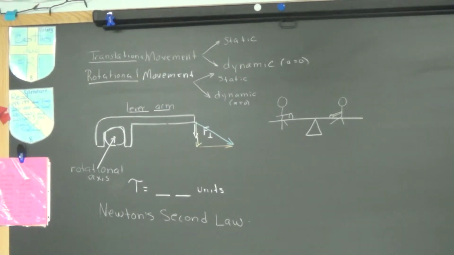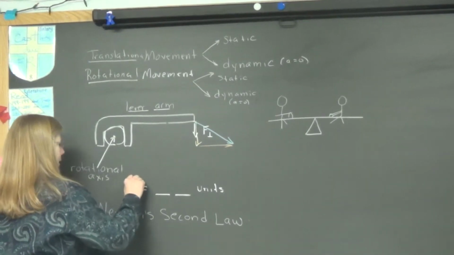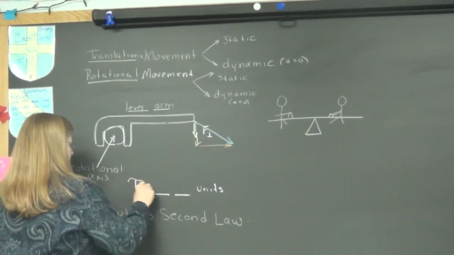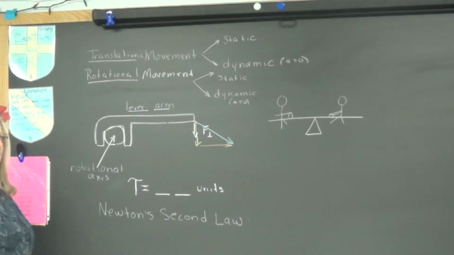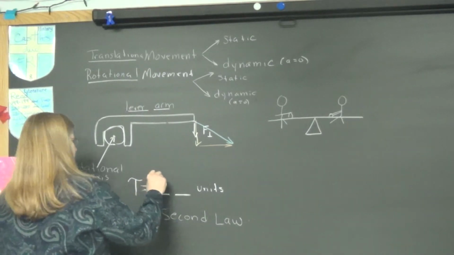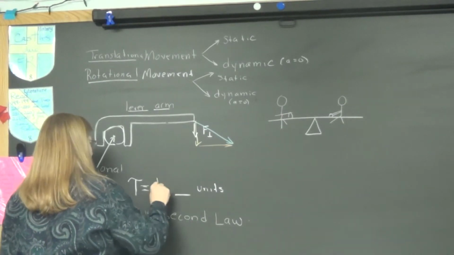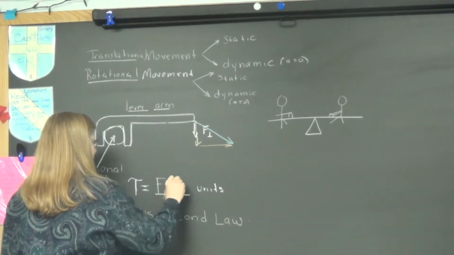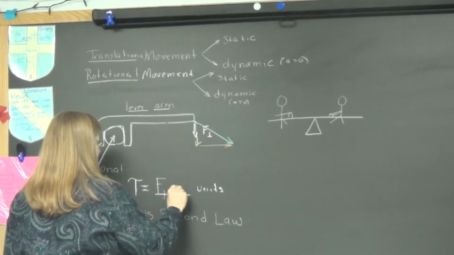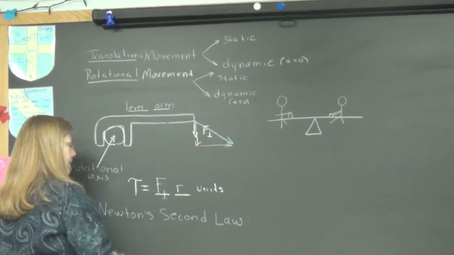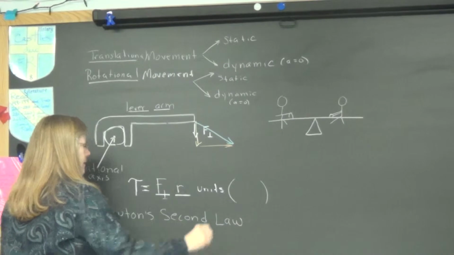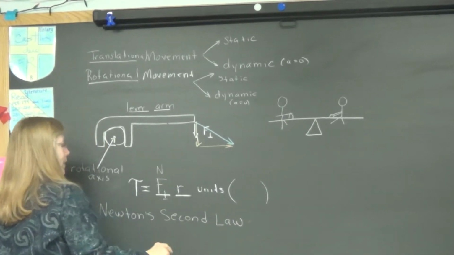So do you recall, Brian, what are the two things that we multiplied together to get torque from yesterday? Force and distance. All right, so force, perpendicular always, and distance, the radius. All right, and what units will come up? Newtons, that's for the force, and meters.